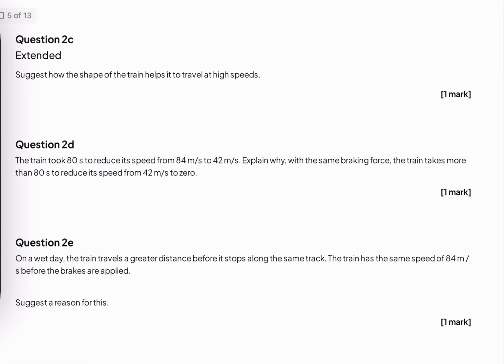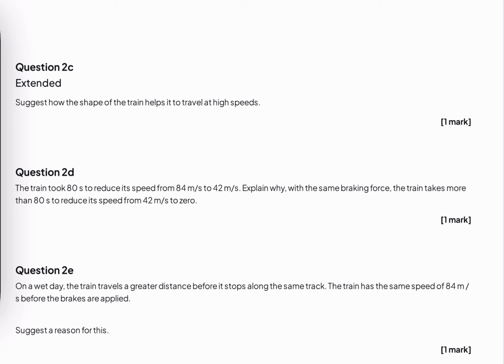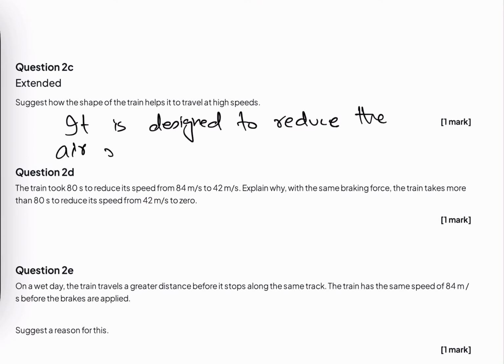In part C, suggest how the shape of the train helps it to travel at a high speed. Okay, it is designed to reduce the air resistance experienced by the train.